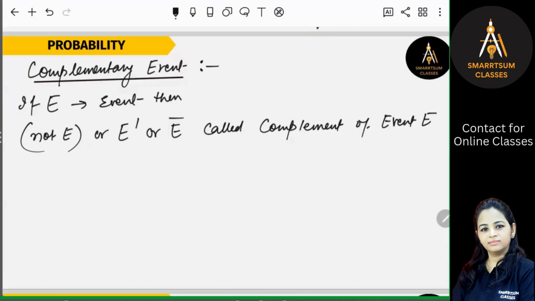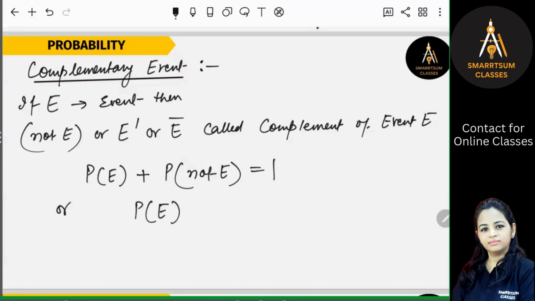Complementary event, right? So the event not E is the complementary event. And if you add the probability of event E occurring plus the probability of the complementary event not E, it will always be equal to 1. Is that clear? Okay. Or in other words, you can say that P(E), the probability of event E, will be equal to 1 minus P(not E).